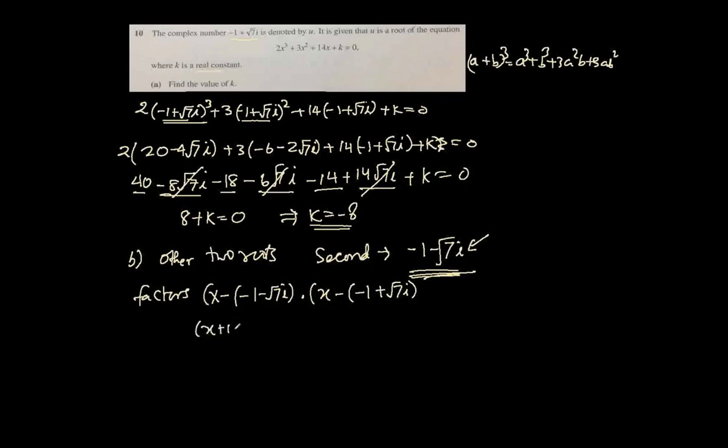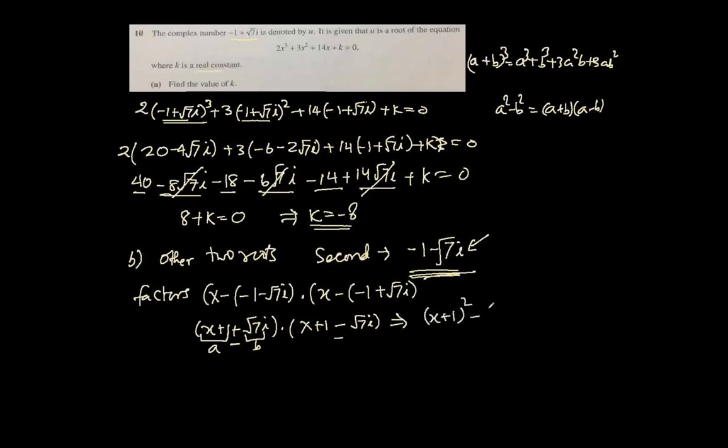x plus 1 plus square root 7i multiplied by x plus 1 minus square root 7i. So we know another identity, which is a square minus b square equals a plus b times a minus b, right? If I consider this thing as a and this thing as b, it becomes a square minus b square.